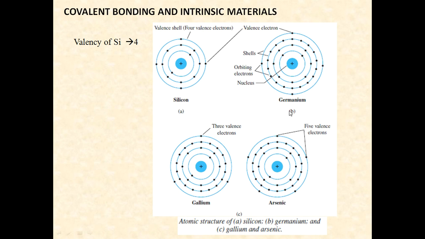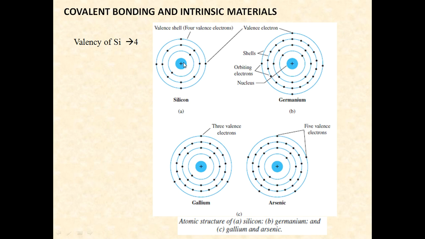Similarly, germanium, okay, you can very clearly see that in the outermost shell of germanium, again there are 4 electrons. So the valency of germanium is also 4. If you compare the atomic structure of silicon and germanium, what differences do we observe?